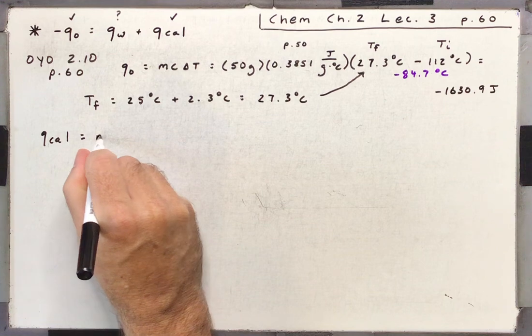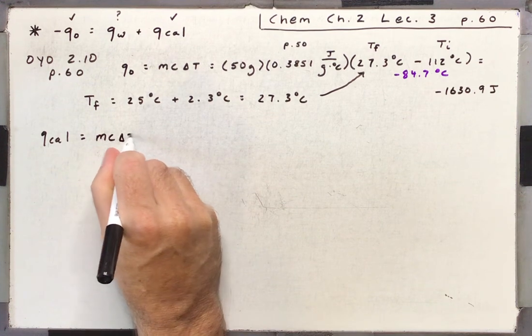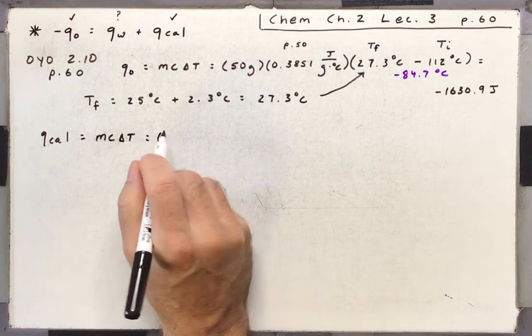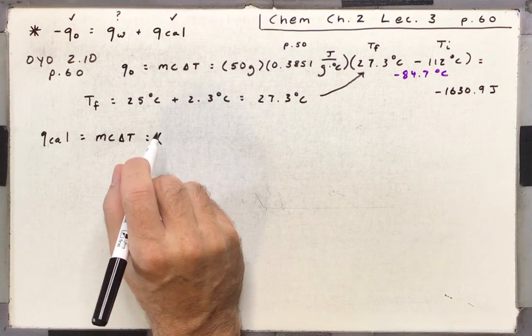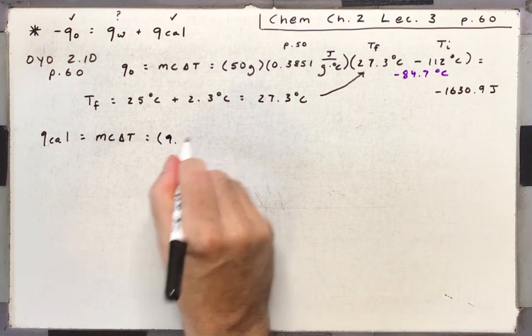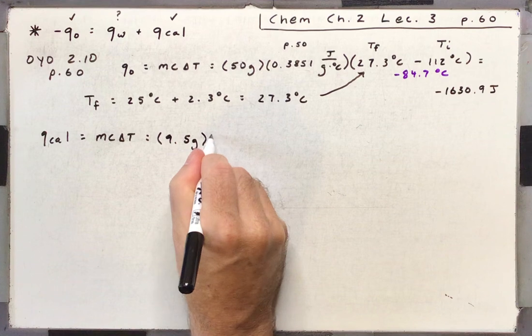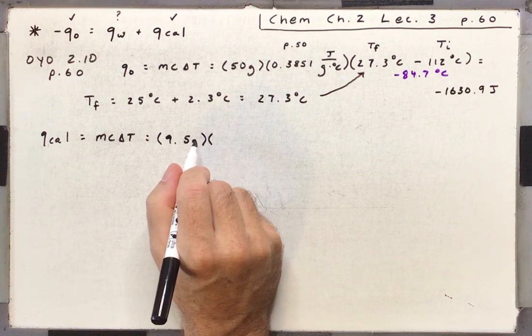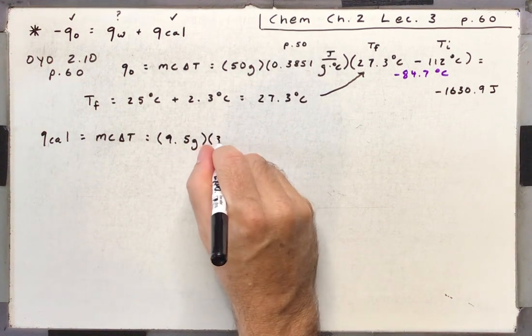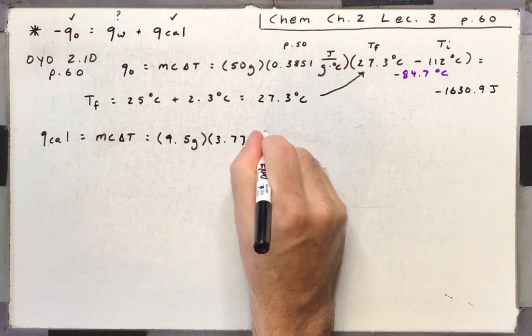We know that's equal to mc delta T. The mass of the calorimeter is 9.5 grams. The specific heat of that is 3.77, just right from your problem.